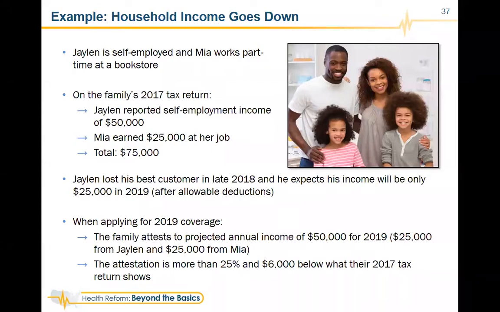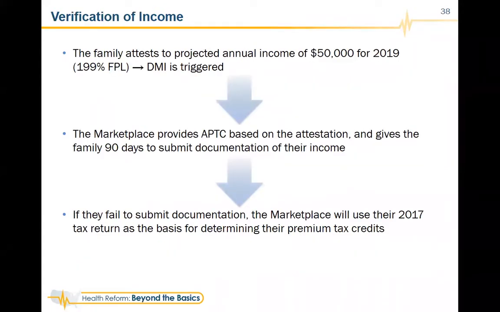And so he expects his income will be lower, half that of what he had in the past. So when he's applying for coverage for 2019, they have a lower income projection. And the attestation is more than 25% and $6,000 lower below what their 2017 tax return shows.